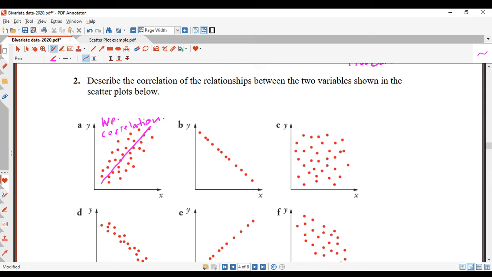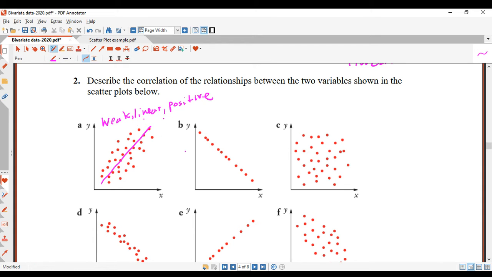So weak, linear, and positive. Okay, weak correlation. I'll just rub this out here. Weak, linear, and positive.